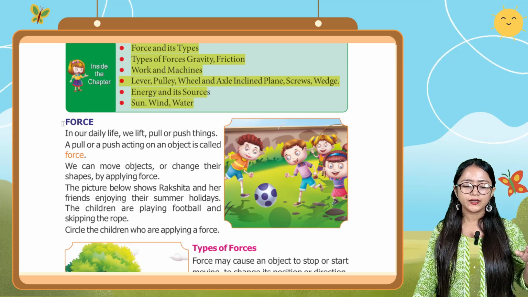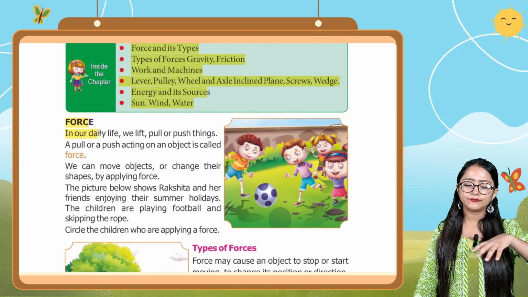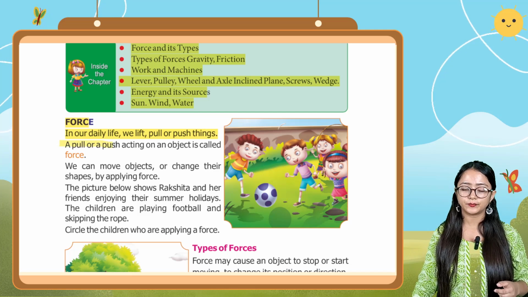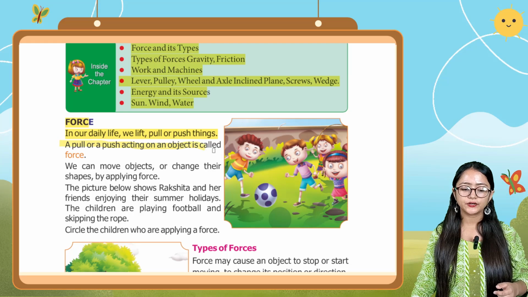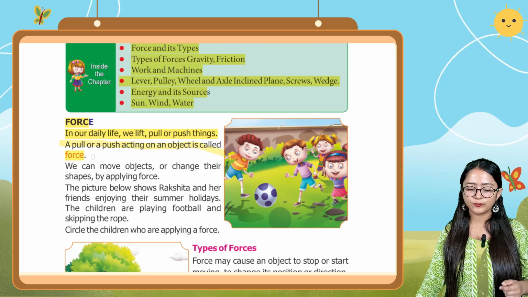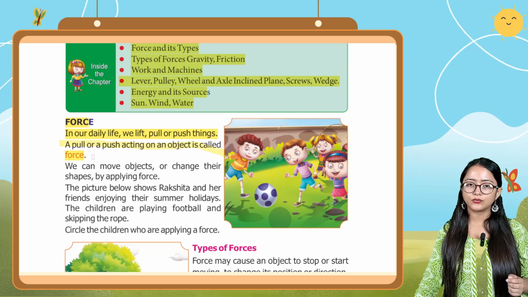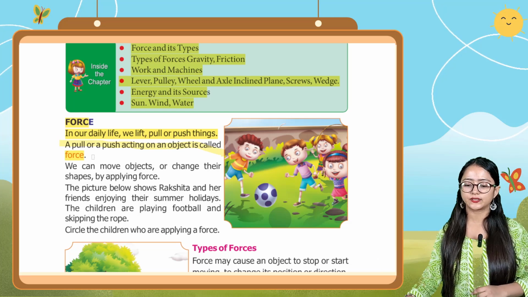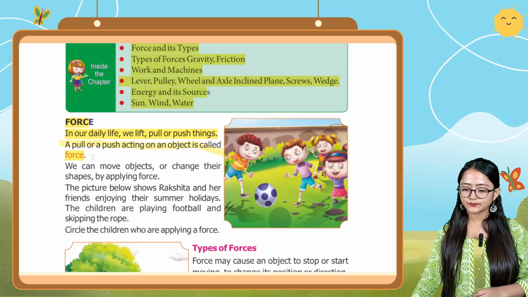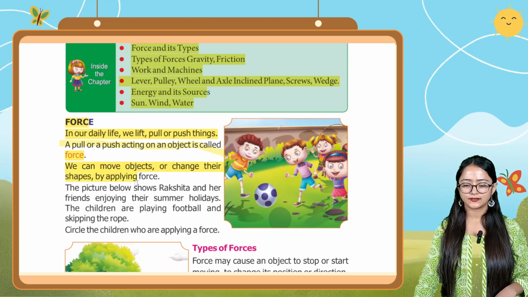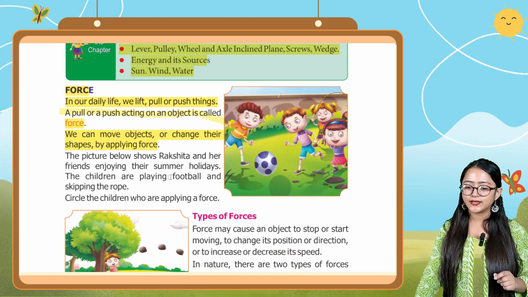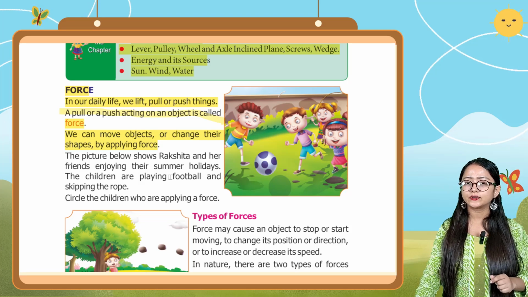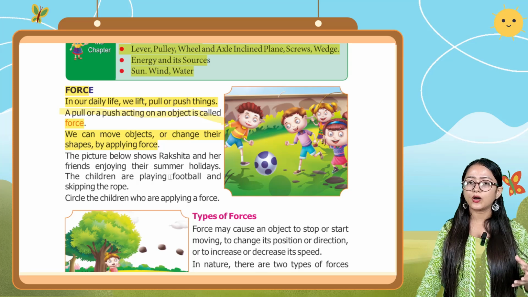The children are playing football and skipping the rope, and you have to circle the children who are applying a force. In this picture, you can see that the children are playing, and there is also Rakshita with her friends.